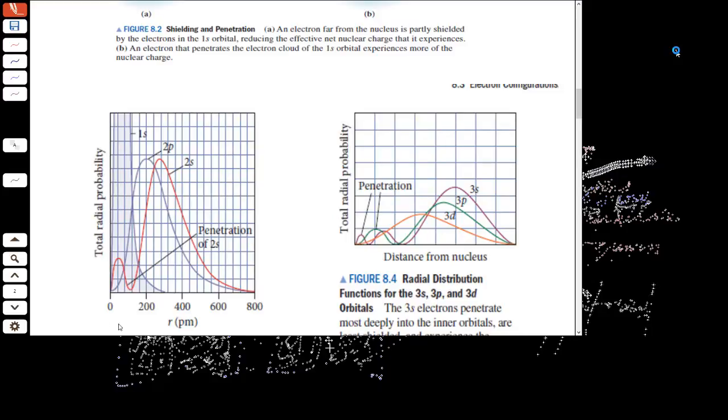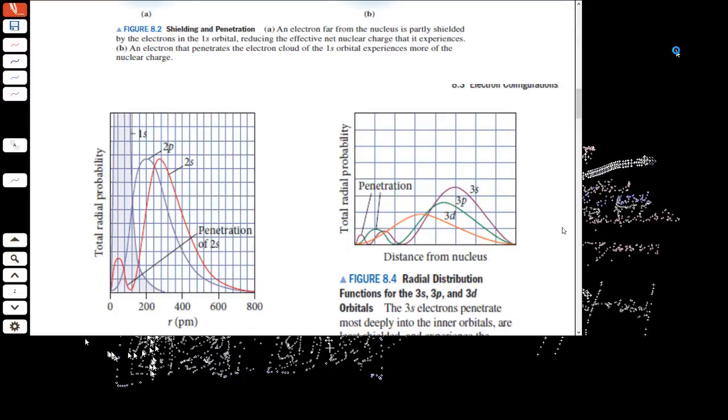So if the electron is in that little bump there, it's not shielded anymore by those other electrons. If it's outside, it is shielded. So overall, that 2s is going to feel less shielding than the 2p because the 2p doesn't penetrate in quite as much.